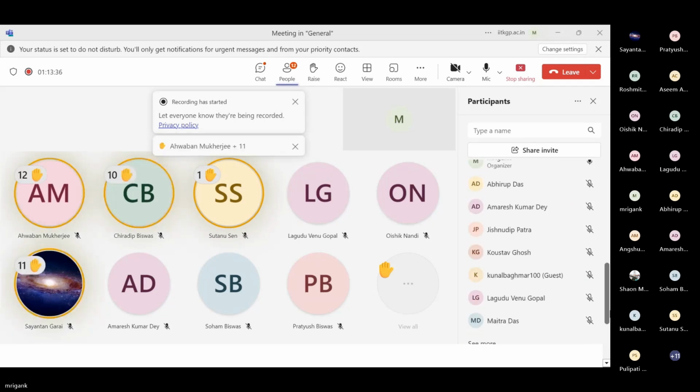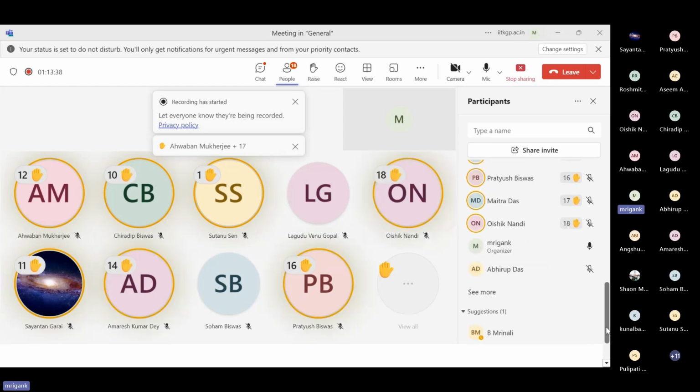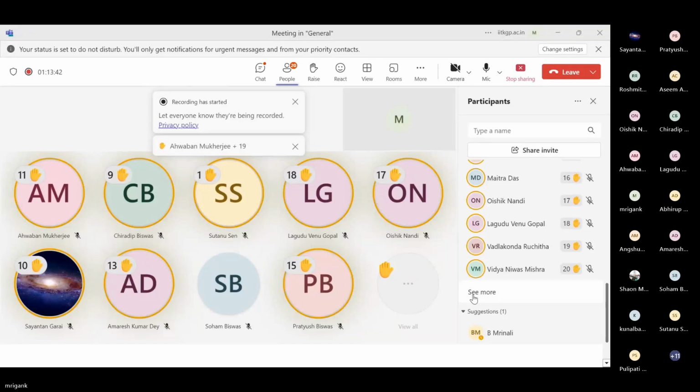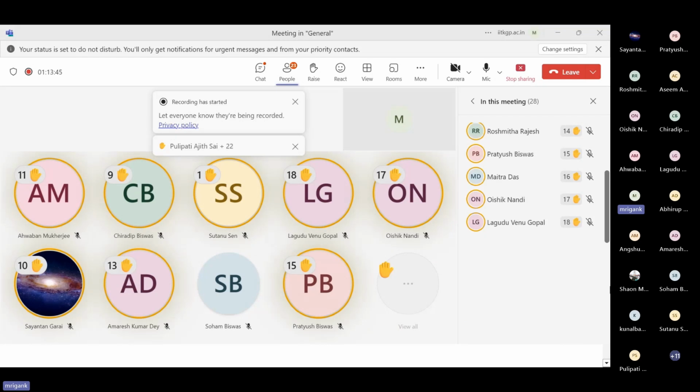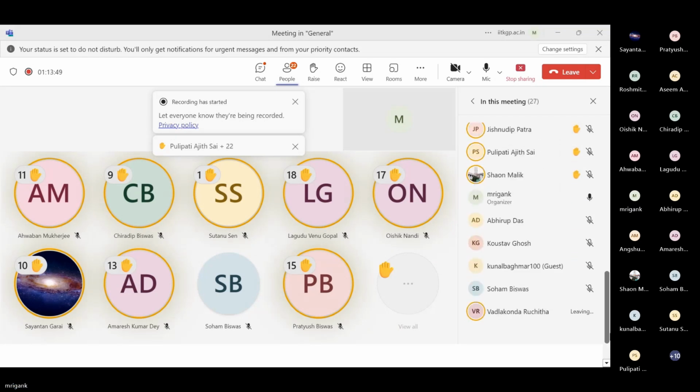Okay, so more or less, it seems like everybody has raised hands, so I can ask some questions in that case. See, some people withdrew their hands.